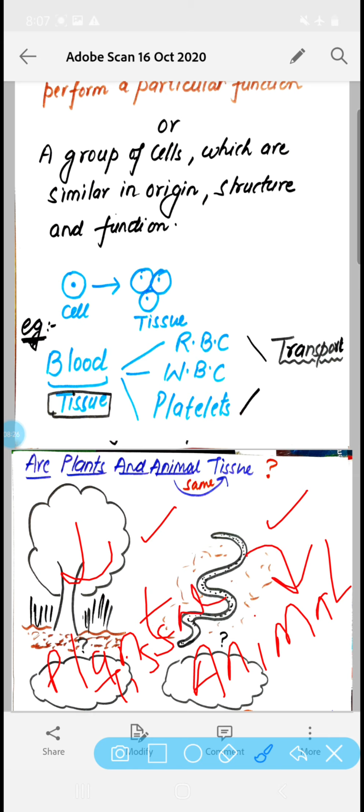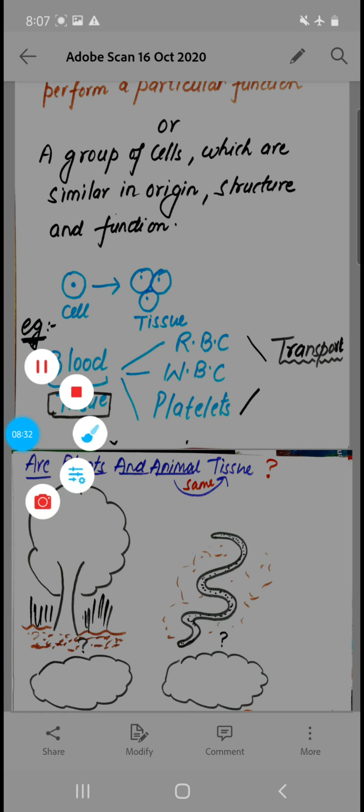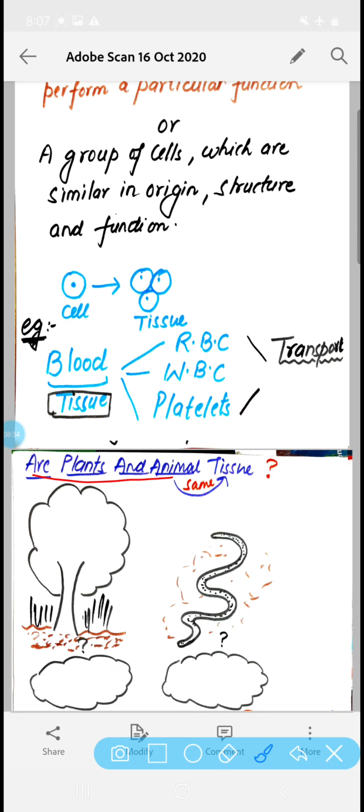Now by comparing these two pictures, my question to you is, are the plant and animal tissues the same or not? Is their need the same or not? So here if we see the structure of plant and animal, there are some differences in these two kinds of tissues.